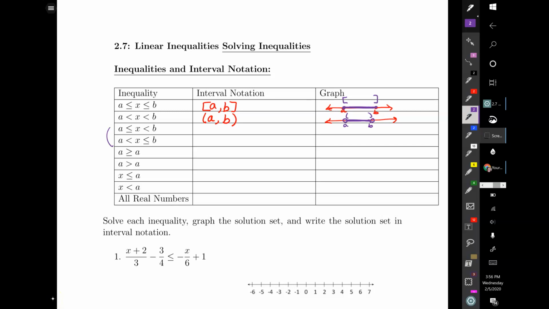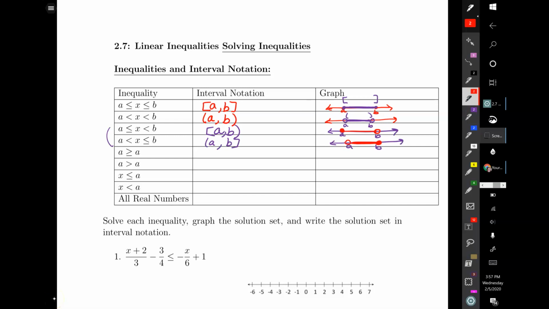Okay, so the next one will be a is less than or equal to x less than b. So we would have a closed bracket, a comma b, then with an open parenthesis, and that one you would have a closed circle at a. The b, we're going to leave it open.